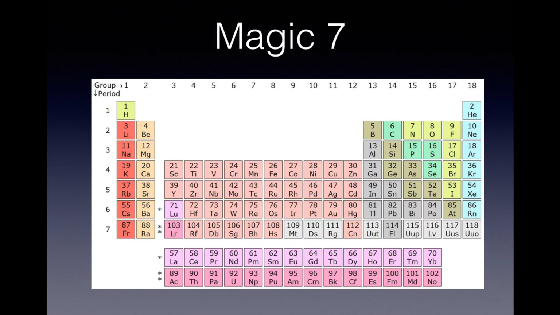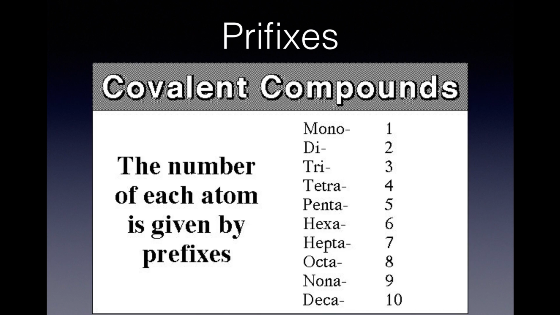So here is the magic 7. They're the ones in yellow: N, O, F, Cl, Br, I, and H. And H, you can see, is not located in the 7 that form the shape of a 7. So here are the prefixes. Mono 1, di 2, tri 3, tetra 4, penta 5, hexa 6, hepta 7, octa 8, nona 9, and deca 10.